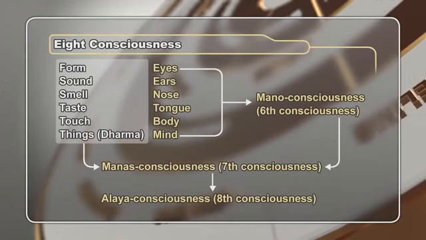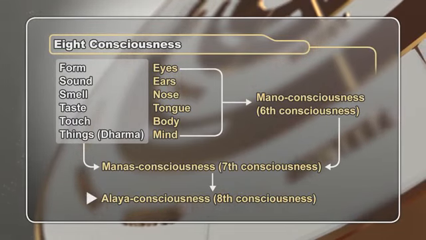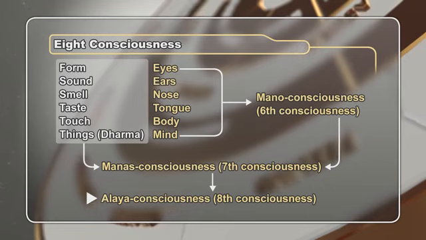So, depending on ignorance, volitional reaction arises. Depending on volitional reaction, consciousness arises. That means we build up this consciousness in us. You, me, every individual, you have that consciousness. We call it the alaya consciousness, the alaya vijnana.